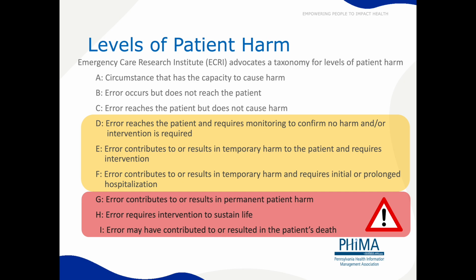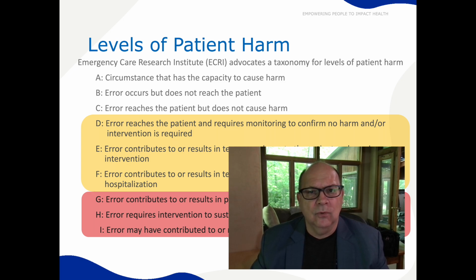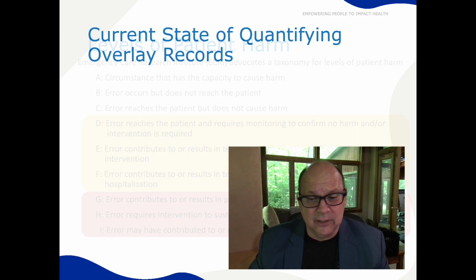And at the extreme end of the spectrum is when the harm is permanent or even death. But we can use this taxonomy to gauge how impactful these data errors we're solving are. And we see that a lot in medical informatics research. Overlay data has the potential to do permanent harm and death. So this is a useful taxonomy for us to consider as we look at data errors.